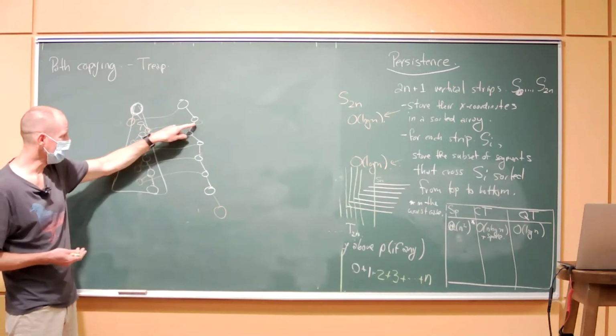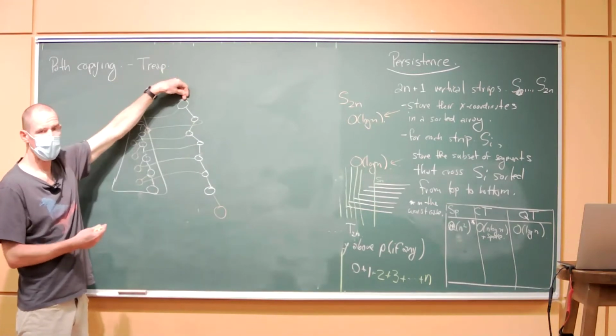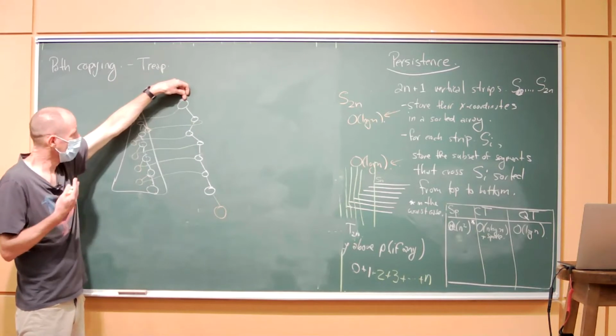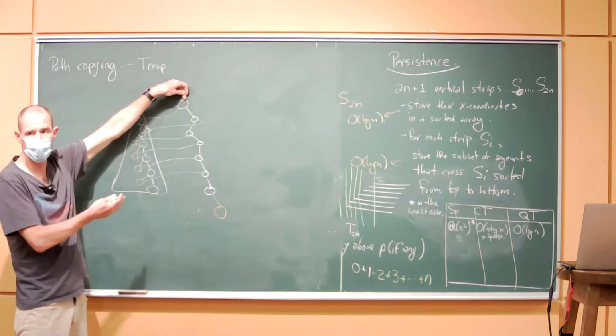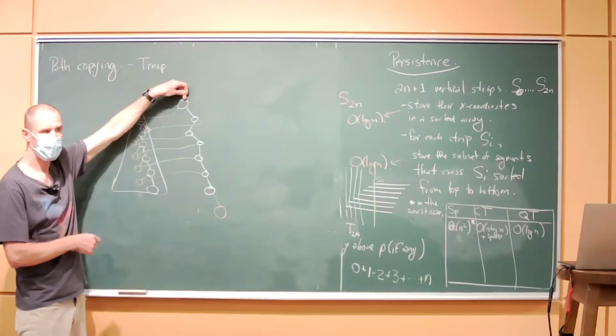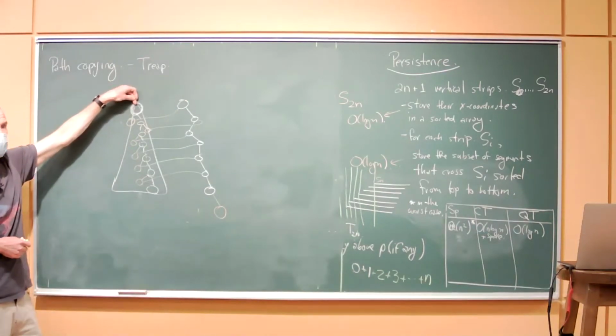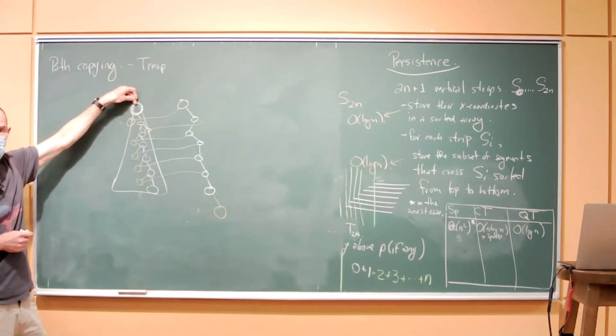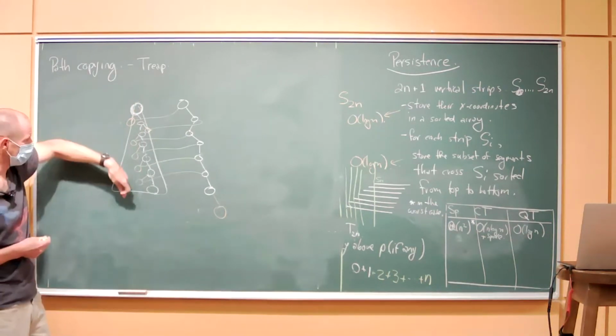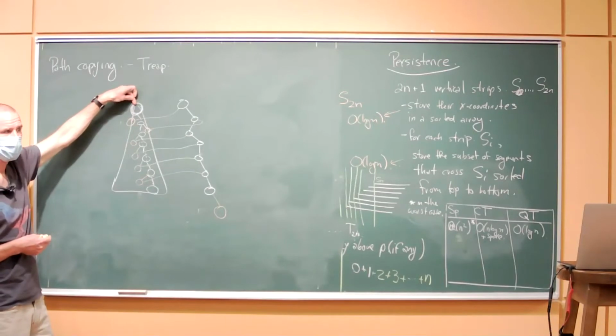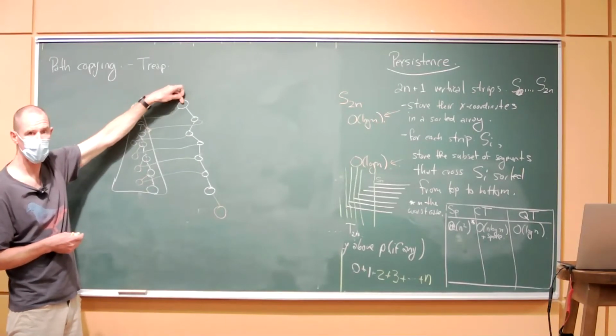So after I've done that, starting from here, what I see is a binary search tree that contains the new node. On the other hand, if I start from here, what I see is a binary search tree that doesn't contain the new node. This one is completely unchanged. The only stuff that changed were nodes along this path.